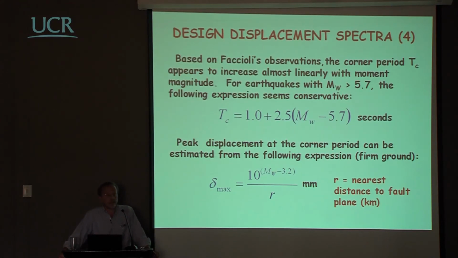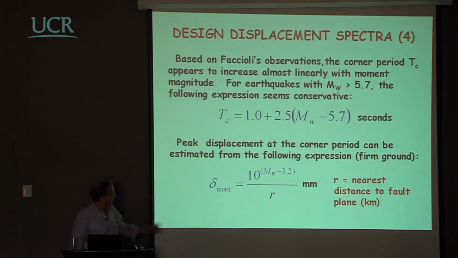There are codes that are assuming a constant value for the corner period that does not depend on the magnitude of the earthquake. There are other codes that are correcting the value of the corner period in a more than linear way, in a kind of quadratic or exponential way. Therefore, this is an approximation that we consider soundly based, but of course some new data could improve this relation.